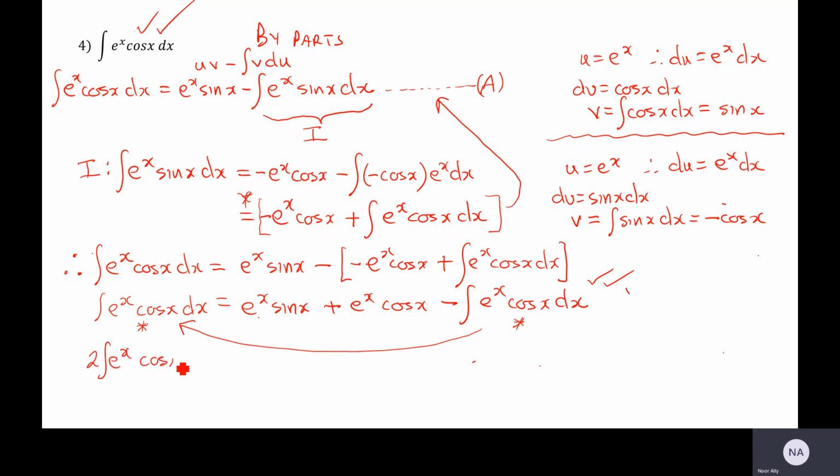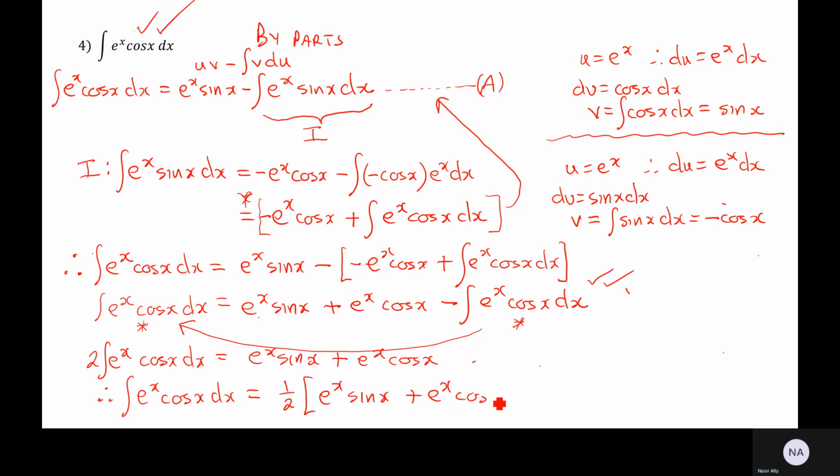2 times the integral of e to the x cos of x dx is equal to, of course, that will just stay the same. I'm not transposing these terms. And now, therefore, the integral e to the x cos of x dx, dividing by 2, which is the same as multiplying by a half, is a half times e to the x sine of x plus e to the x cos of x.